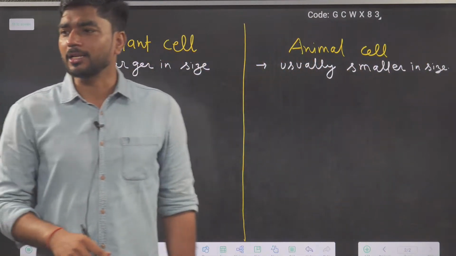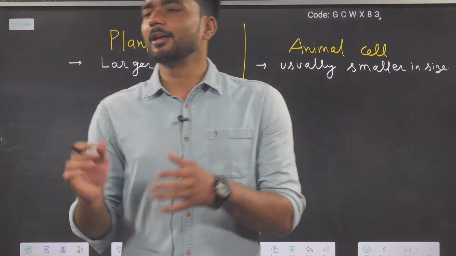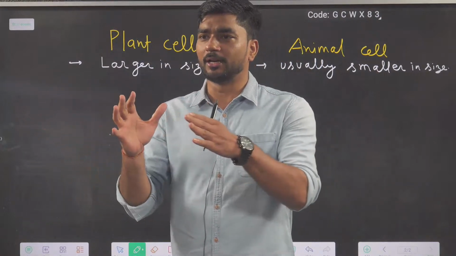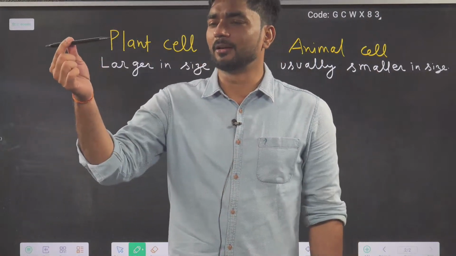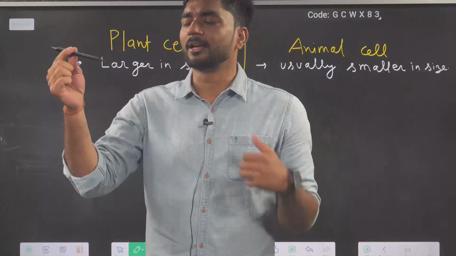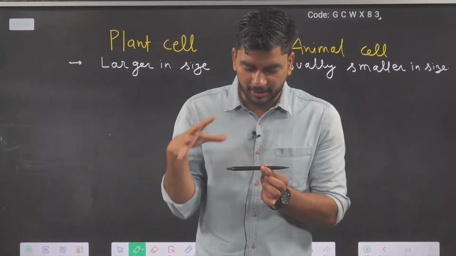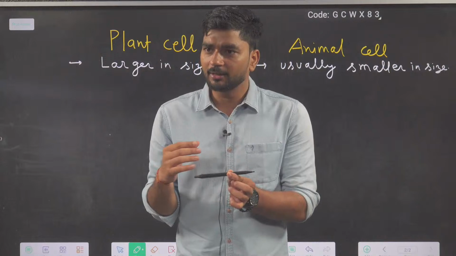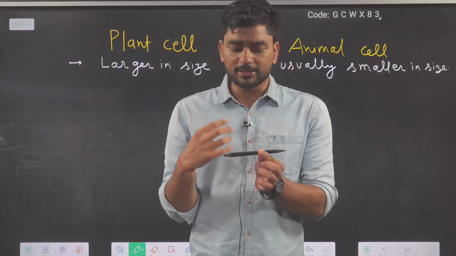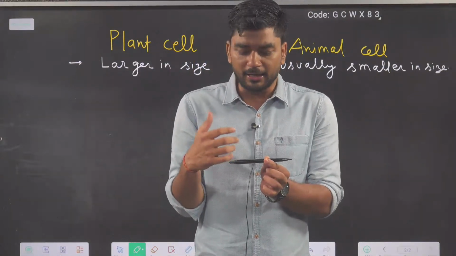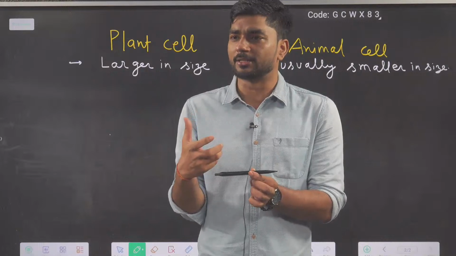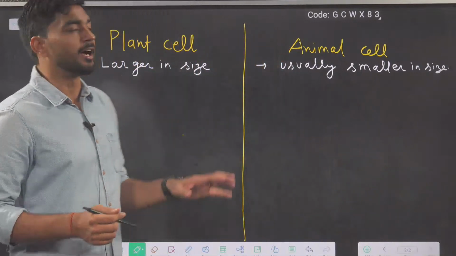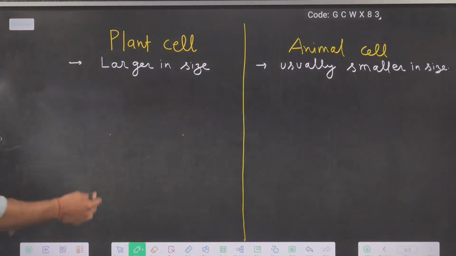Okay. Next one is, if you are coming from the outside to inside, let's say I'm having the plant cell. What are the things on the outer side, or what are the things that I can directly see or visualize? The first thing that I am visualizing here is the cell wall.